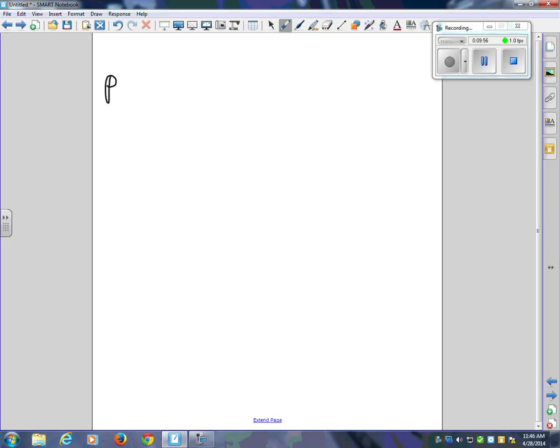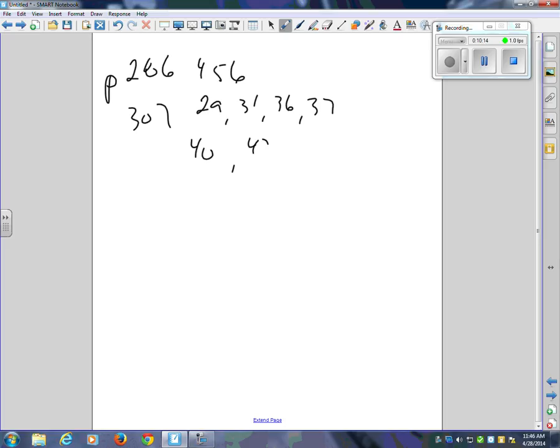Now, in the book, there are some questions on page 286: 4, 5, and 6. Page 307, there's a whole whack: 29, 31, 36, 37. These are all equation or graph ones, I think. 42, 47. No, it's not.